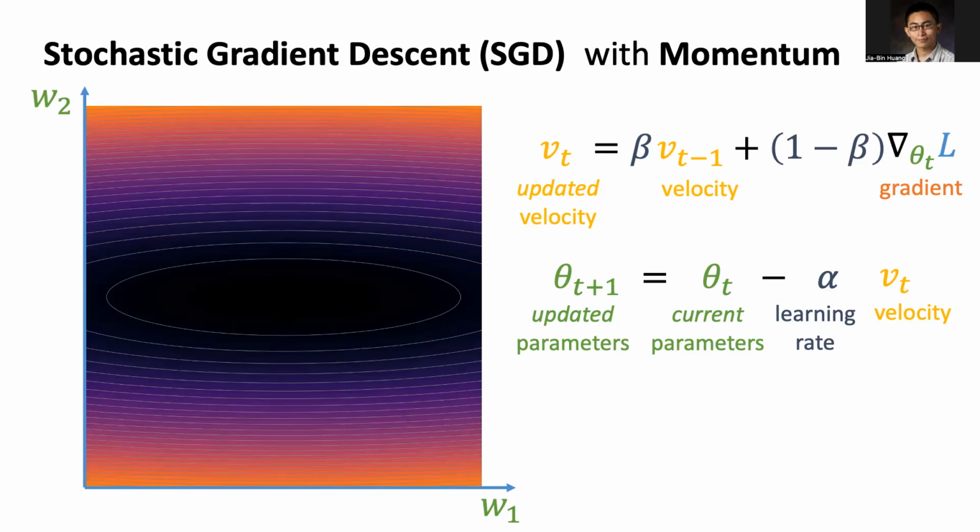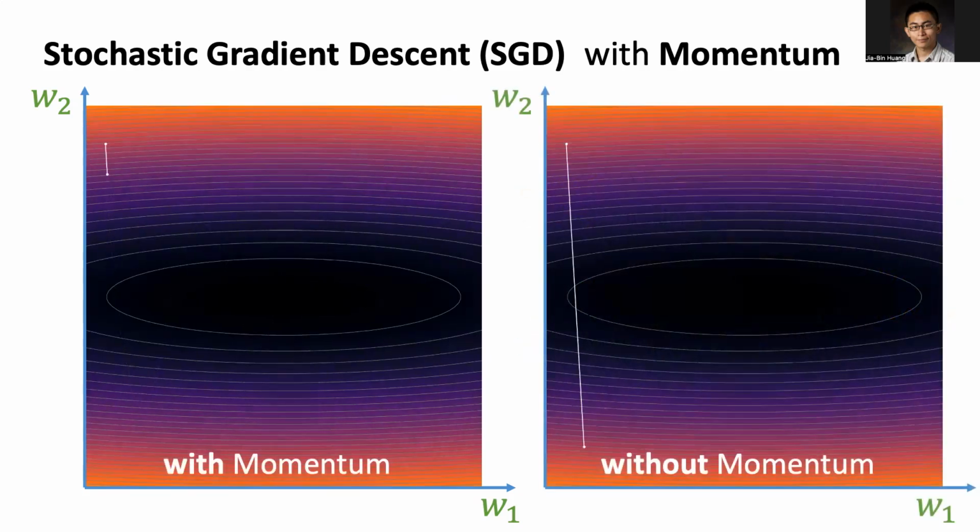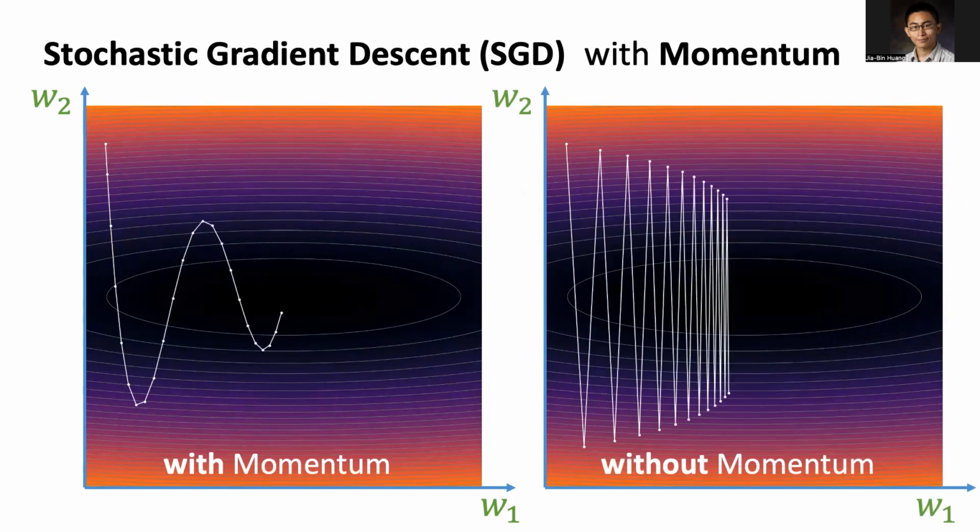If you just change this, the output will look like this. Now you see that it moves faster along the x-axis, and along the y-axis it reduced the oscillations. Reduced oscillations, right?